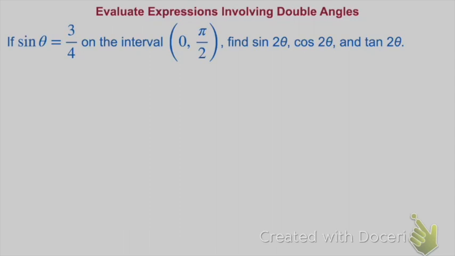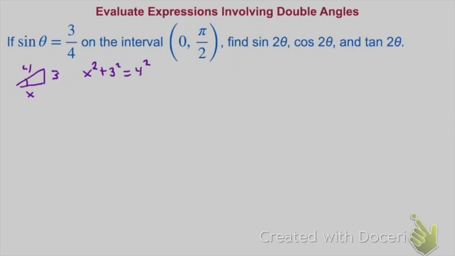You notice we are in the first quadrant for our interval, so if we draw a triangle, it'll be in the first quadrant. Here's my theta. This would be 3. This will be 4. We will need to find what x is. So we have x squared plus 3 squared equals 4 squared.